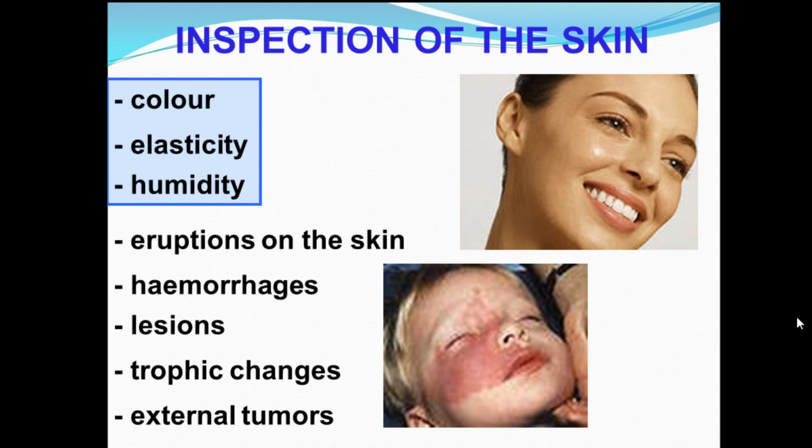But I'll pay your attention: in your answer on exam, color, elasticity, and humidity must be assessed. And then you can finish your answer: no visible pathology. It shows that the skin is clear without any pathological element.